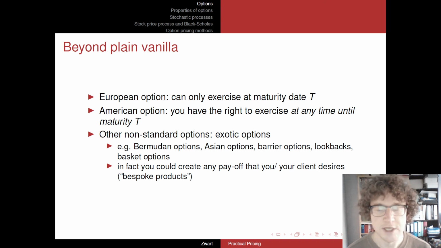So those are just examples of exotic options, but basically you can go wherever you want. If you work at an investment bank, you might need to create any payoff that you or your client desires. That would be a bespoke product, of course. It depends on what your desires and preferences are. These options are not traded actively on exchanges, but you can write any contract that you like.